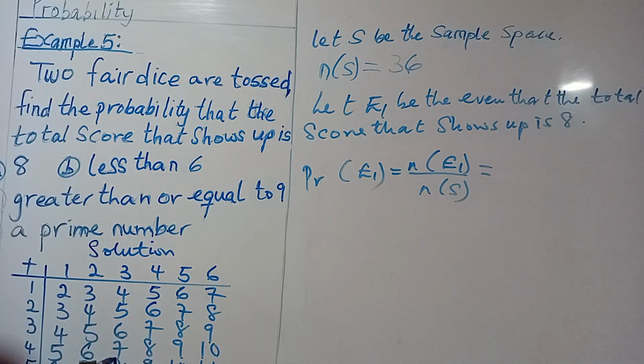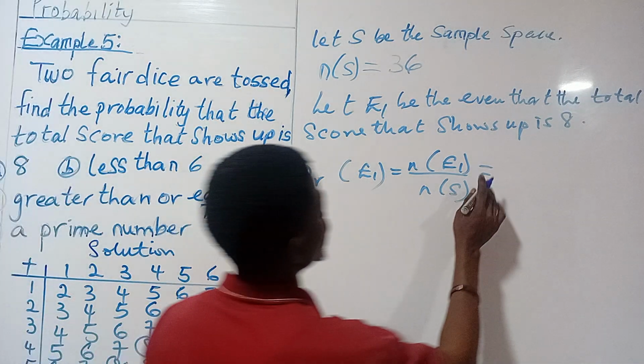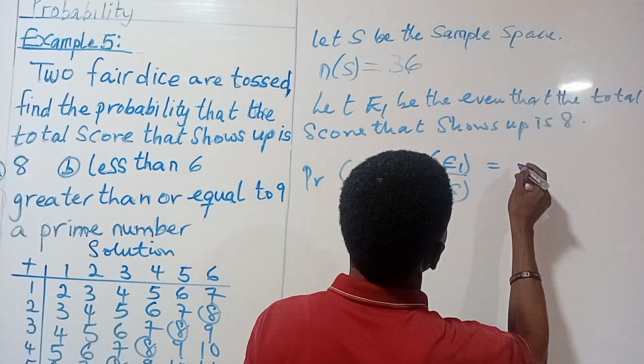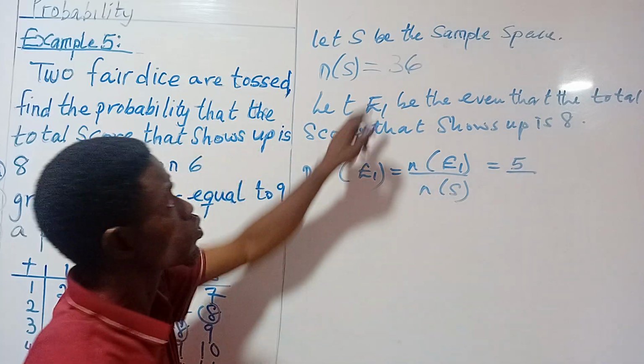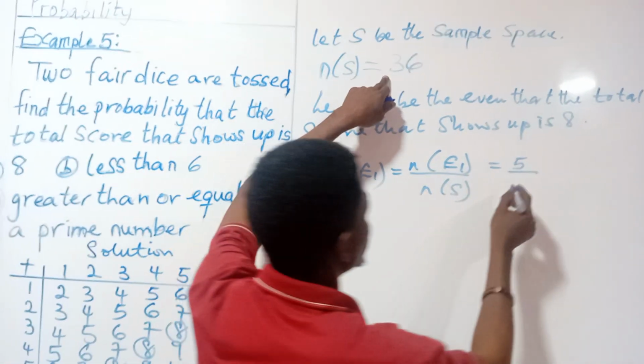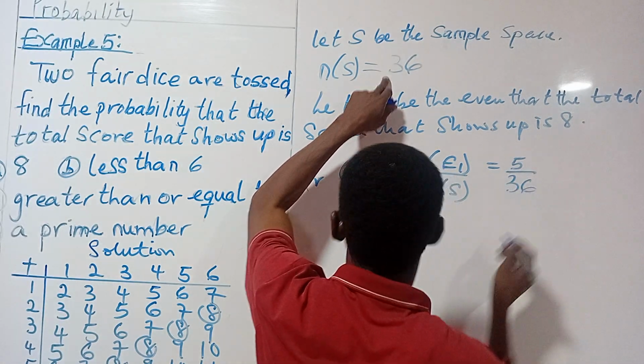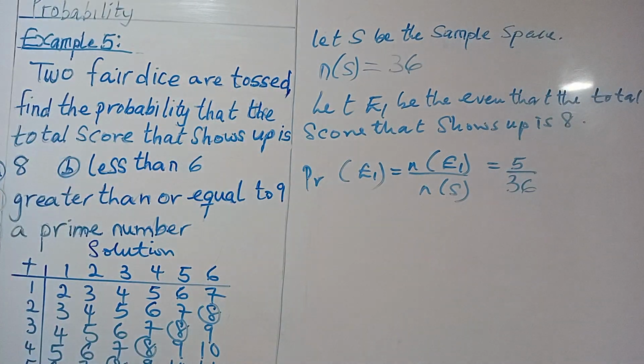Let's count it: 1, 2, 3, 4, 5. We have 5, divided by the total possible outcomes, which is 36. So that is the solution to the first question, letter A.